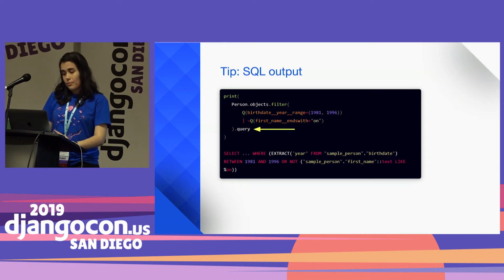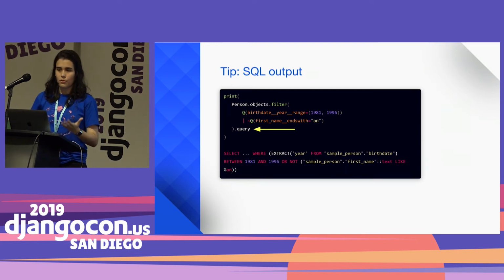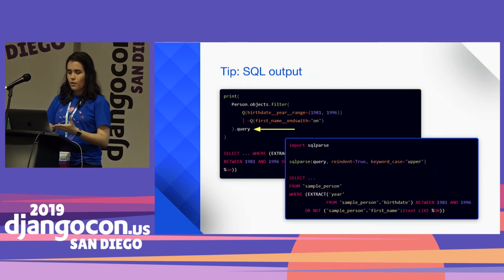Just a quick off-topic: if you are more familiar with SQL and want to see what your database reads, you can print your query with .query, the yellow arrow, and you're going to see the output below. In this case, for Postgres databases, I've omitted some info just for simplification. If you also want to format it, you can use a lib called sqlparse.